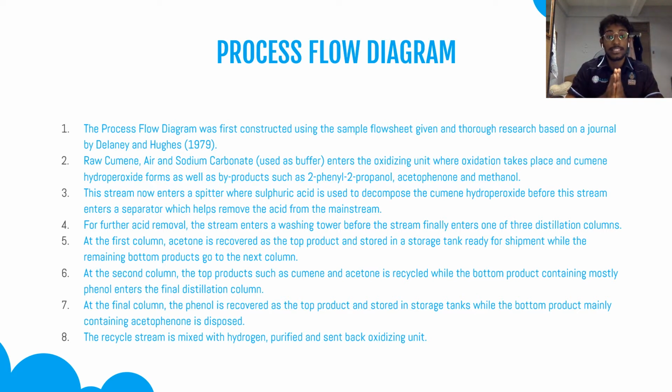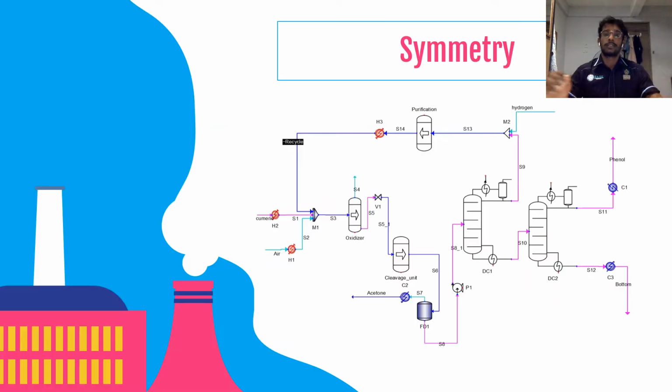At the third distillation column we separate phenol from our bottom product, and the phenol is stored in the storage tanks before it is sold. The recycled stream contains mostly cumene and acetone and is recycled with hydrogen before being sent to the oxidizing unit. Now shown here is the symmetry simulation done.